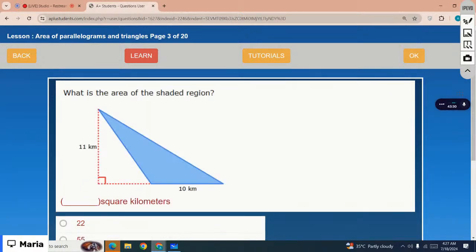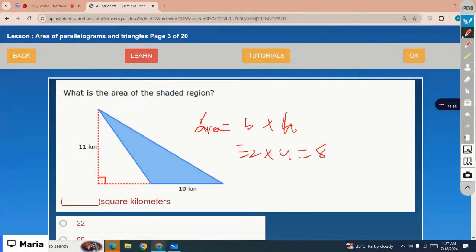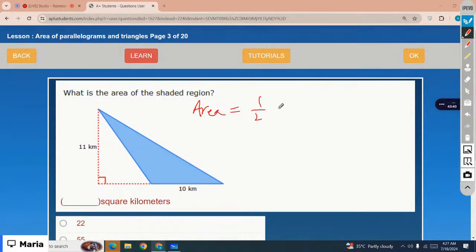Okay, what is the area of the shaded region? That is a triangle. So you need to calculate the area of the triangle. We know that the area of a triangle is half times base times height. That is 10 times 11 times 1 over 2. Correct option is 55 square kilometers.